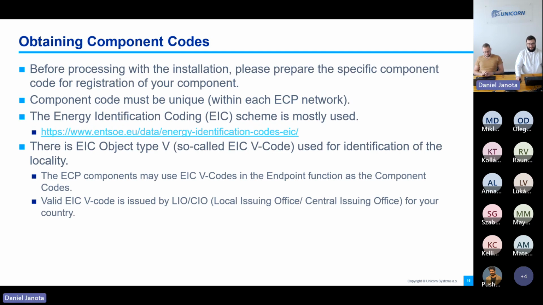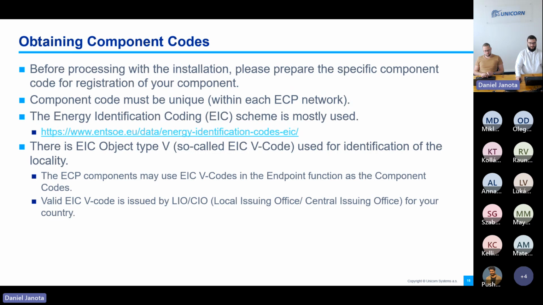Also, before the installation, you need to obtain some component codes. As the component code, the Energy Identification Coding, or EIC scheme, can be used. Mostly the object type V is used, so the V code, and this code can be given by the local or some central issuing office for a country.